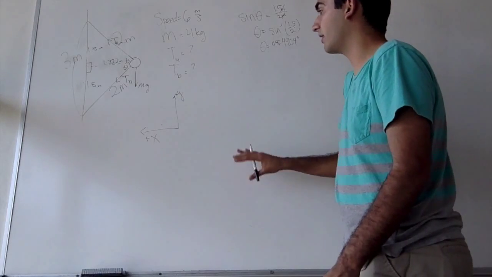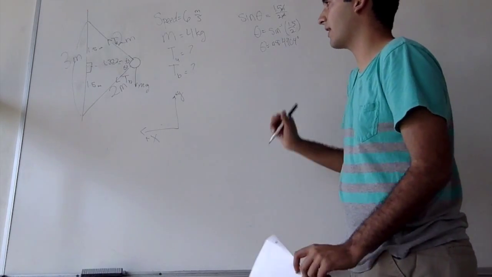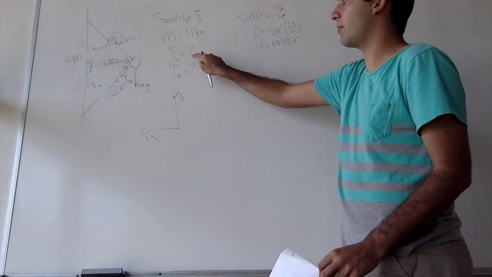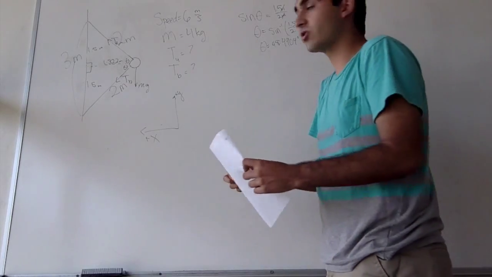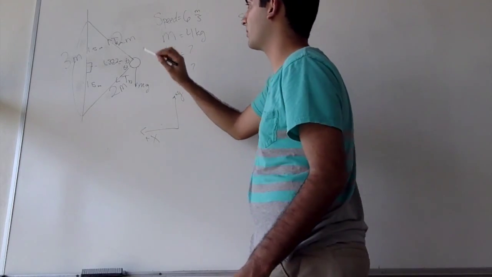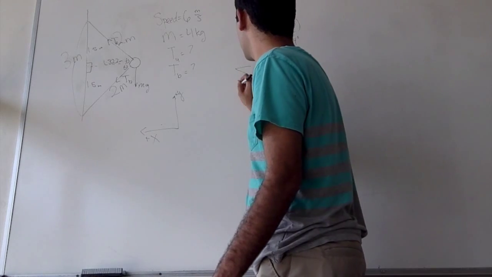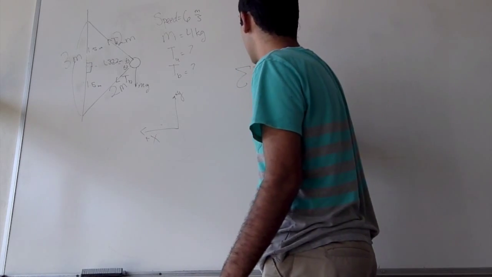Next we're going to do the sum of all forces in the x direction, then the sum of all forces in the y direction, and that will help us figure out tension upper and tension below. First, the x direction.